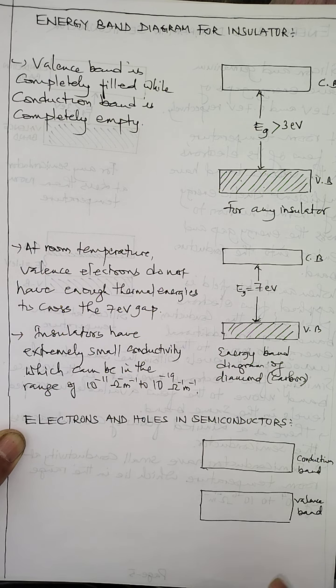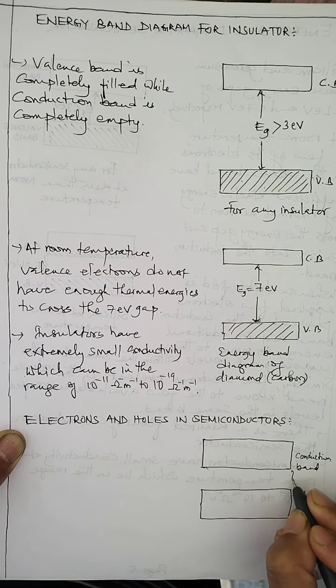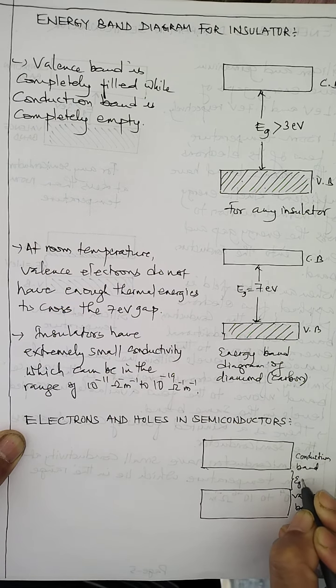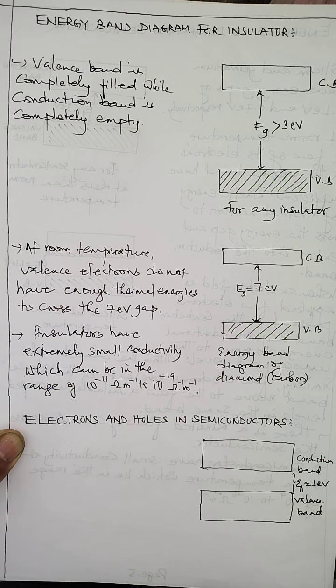Now approximately, if I take a semiconductor like germanium or silicon, the energy gap is approximately 1 electron volt. How much? 1 electron volt.